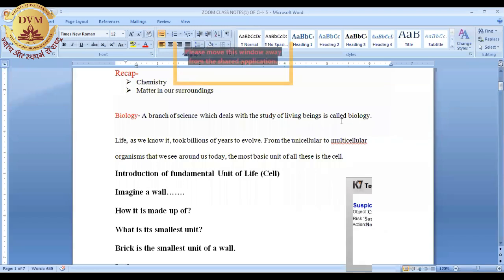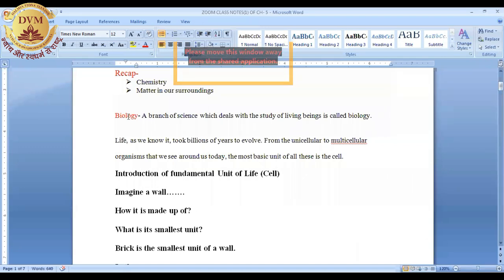In it we will study what their structure is and what their functions are.